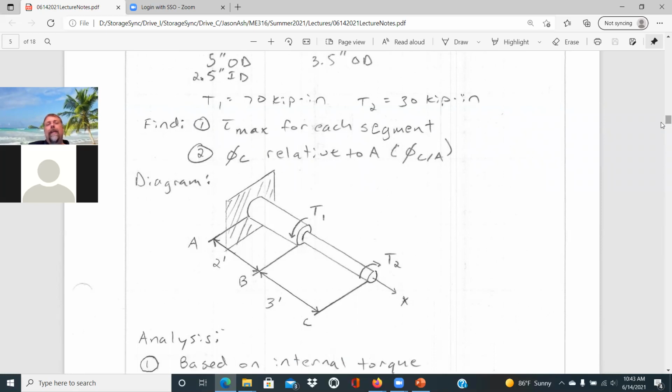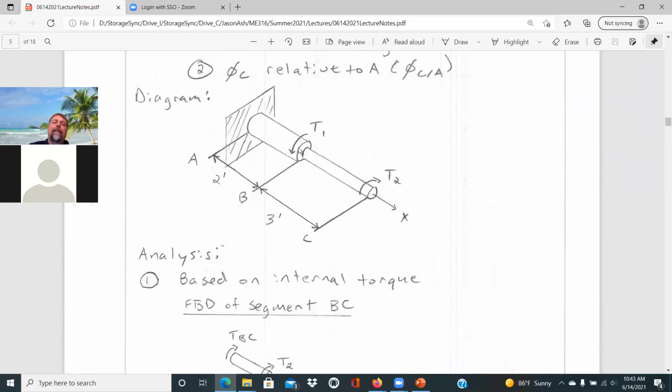And then what we're asked to find is the maximum shear stress for each segment, and then the angle of twist of C relative to A that's fixed. And so oftentimes how that's written is the twist of C relative to A for that value. The length of each of the shaft segments, 2 feet for AB and 3 feet for BC.